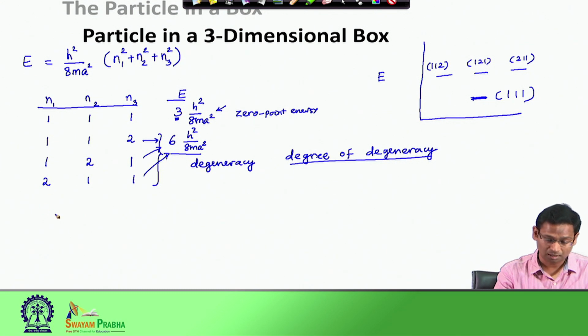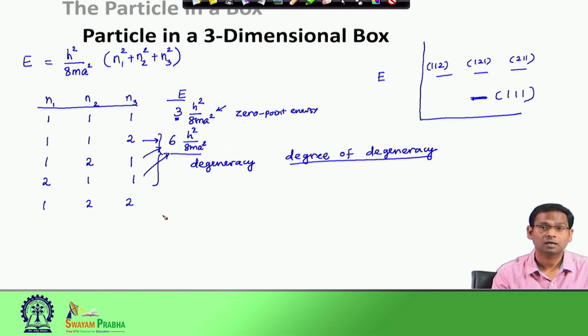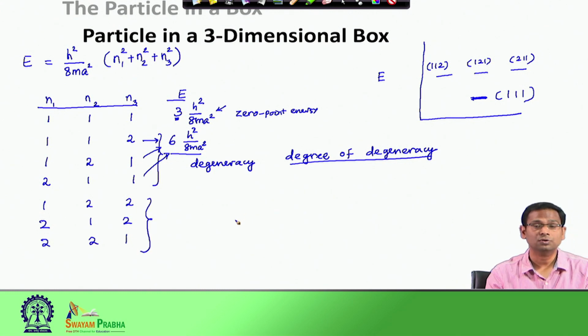We can continue our discussion further by making 2 labels, n2 and n3, as 2, whereas n1 is 1, or similarly we can do 2 1 2 or 2 2 1. You would see these 3 labels also represent a 3-fold degeneracy.